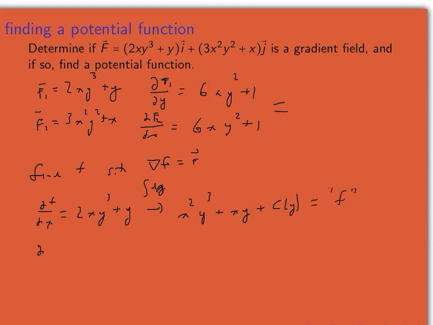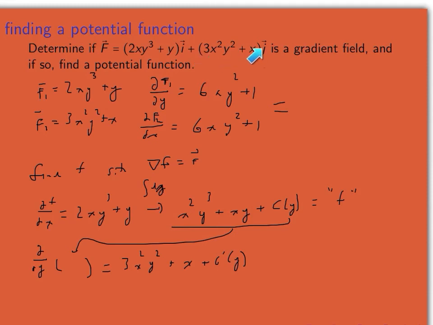Now if I take the derivative with respect to y of this candidate, I'll get 3x squared y squared plus x plus the derivative with respect to y of this part that had just y's in it. Okay, now that has to match this piece, the j component of f.